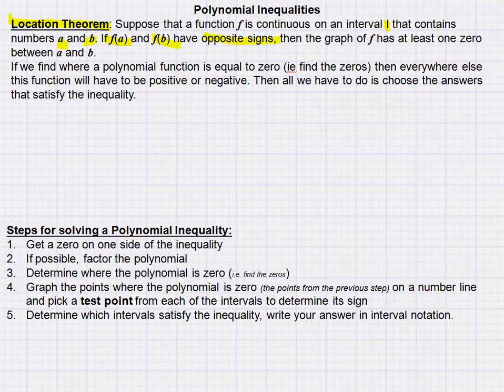This location theorem is essentially a version of what we call the intermediate value theorem. But generally the idea is this.